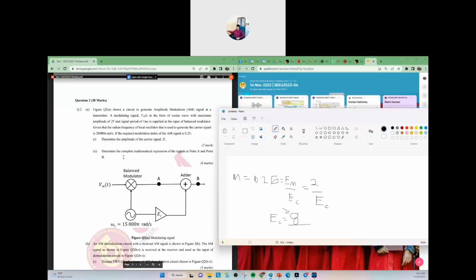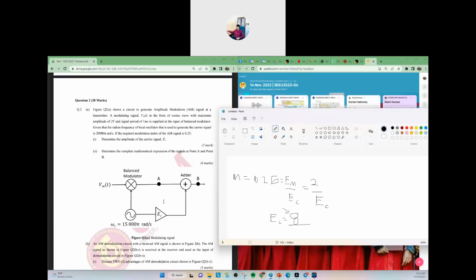Next, determine the complete mathematical expression of the signal at point A and point B. Before we start that, don't refer to the slide. Close your slide, because I want to test your memory now. You see this? What kind of generation of AM modulation is here?